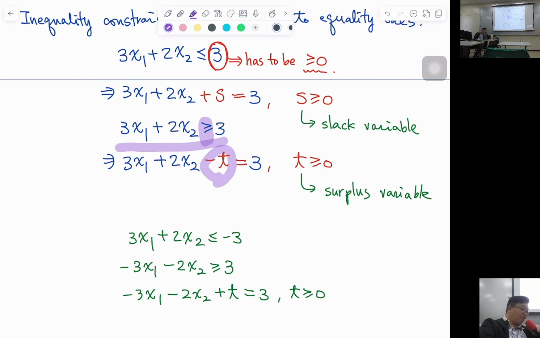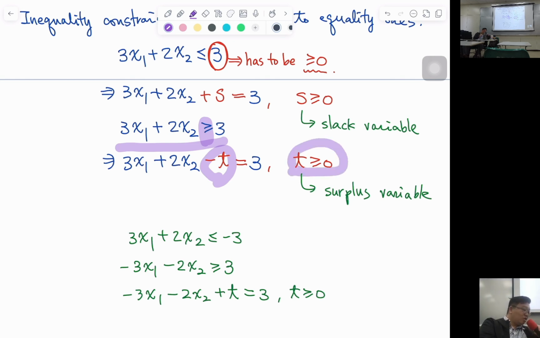So we call it a surplus variable. But it doesn't matter. For me, it's basically a new variable, and the difference between them is one is plus, the other one is minus. Okay, and both slack variables and surplus variables are positive.